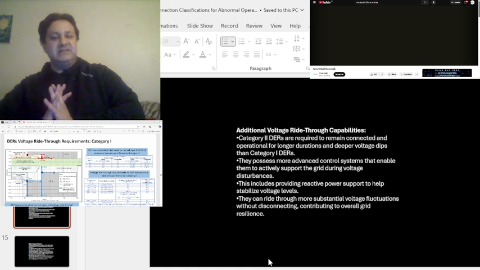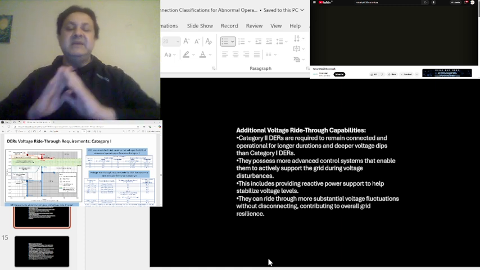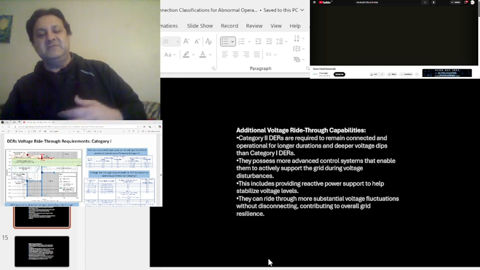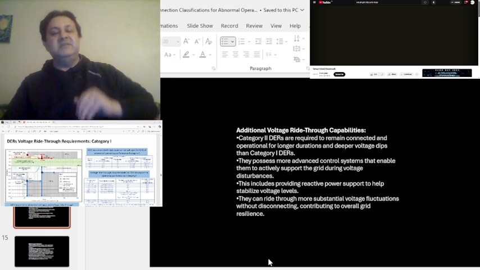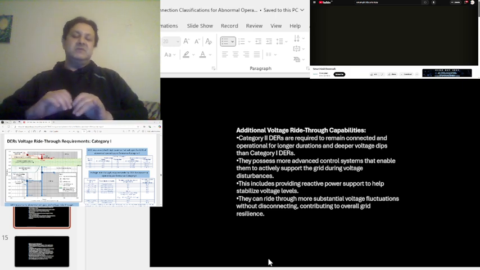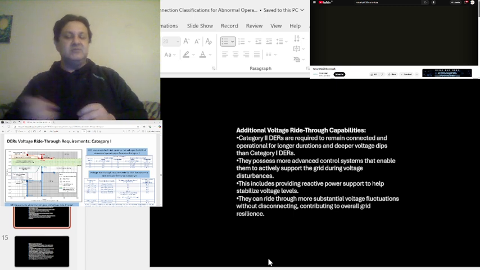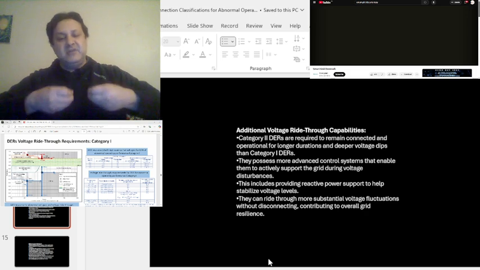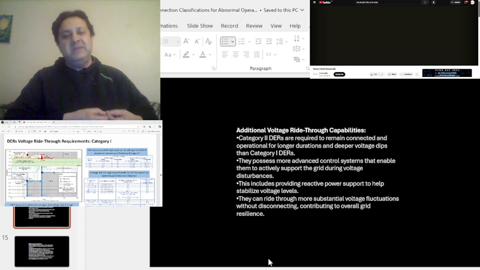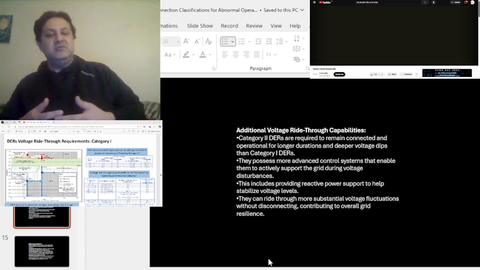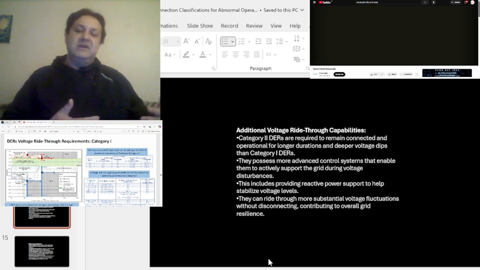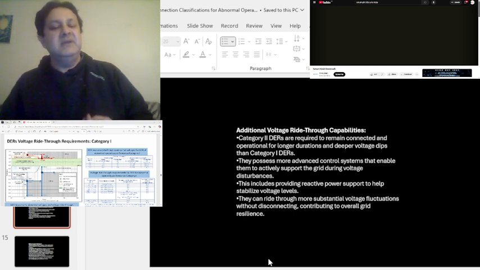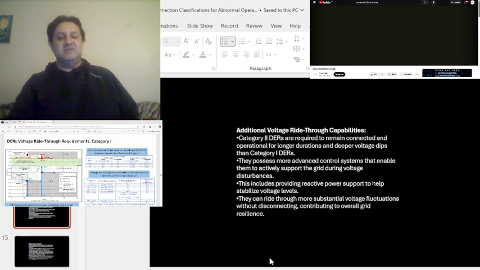So here, this includes providing reactive power support to help stabilize voltage levels, so they can ride through more substantial voltage fluctuations without disconnecting, contributing to overall grid resilience. Because in category 1, it was just disconnected as soon as some disturbance came for a smaller period of time. Now, if this fluctuation is there for a longer period of time, it has to keep working, so they can ride through more substantial voltage fluctuations without disconnecting, contributing to overall grid resilience. So our grid should be resilient to this situation.